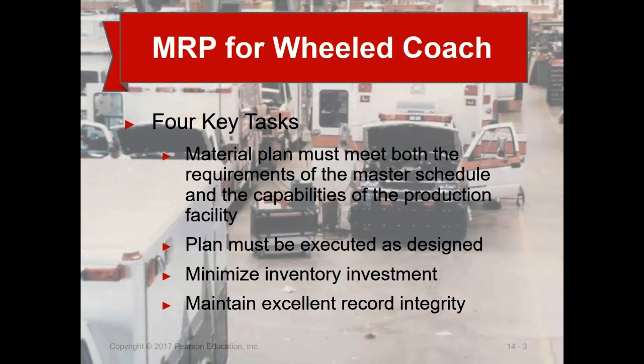And they have 4 very important tasks that they want this company to achieve in order to be successful. First, their material plan must meet both the requirements of the master schedule and the capability of the production facility. So what is the master schedule?